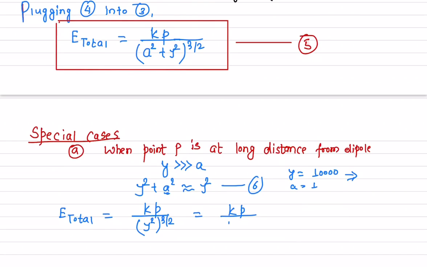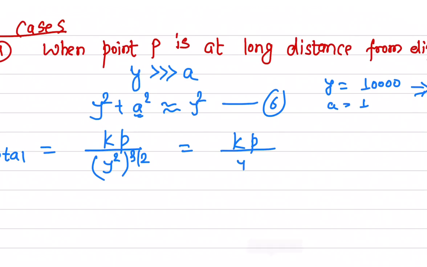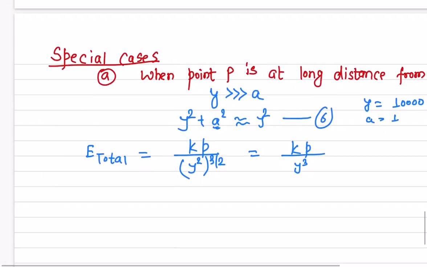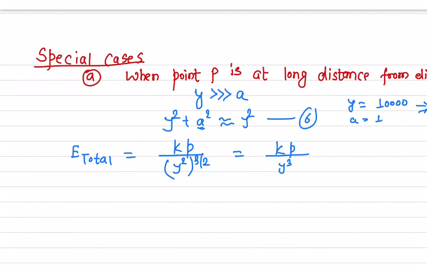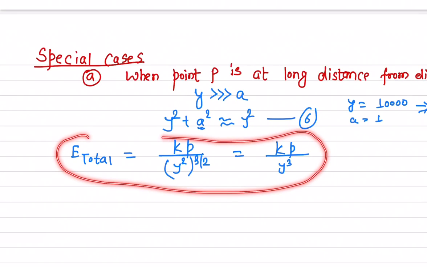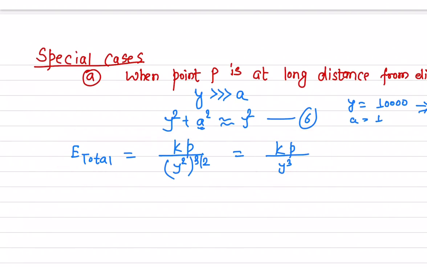That means now E equals Kp over y cubed. Now we got an interesting equation here. When the point P lies at a very long distance, the electric field does not vary as a square. Now it varies as a cubic function.